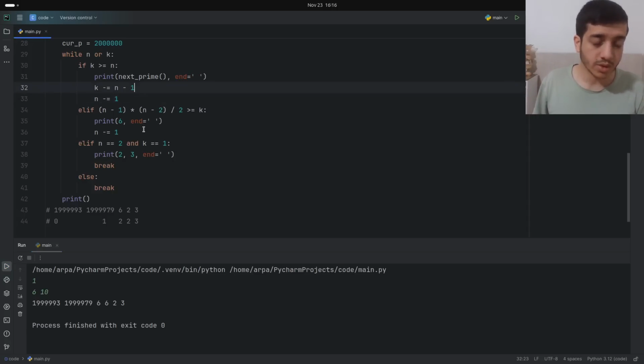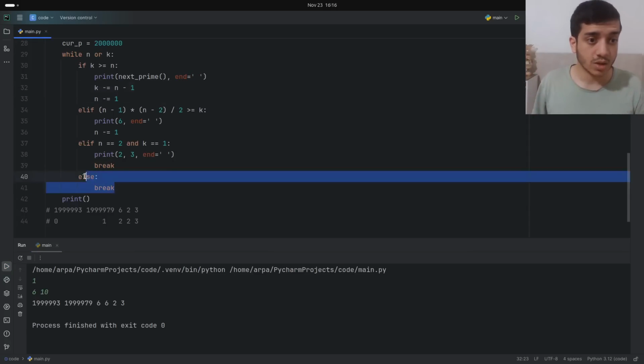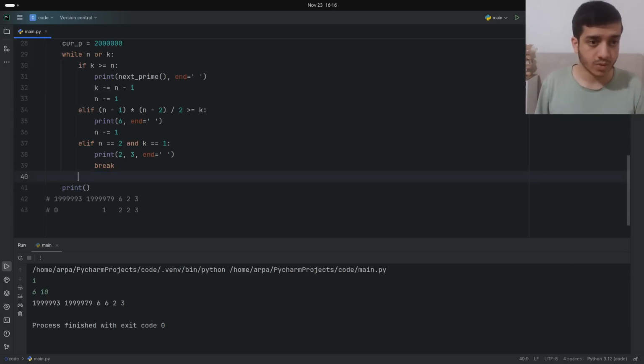So still printing, print and then k. Oh, okay.